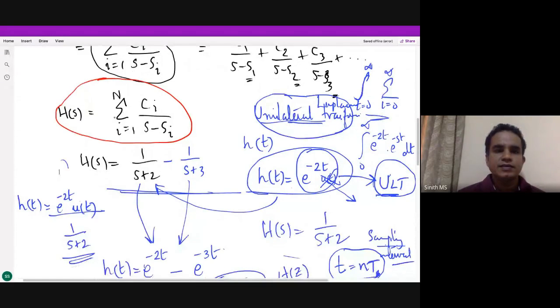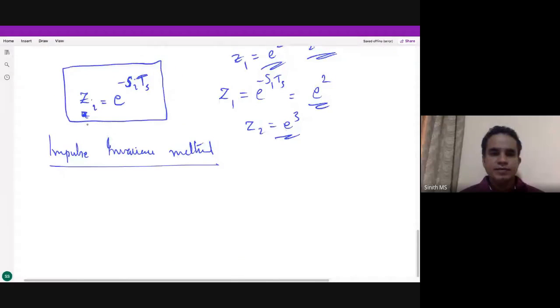Suppose here H(s) is sigma i equal to 1 to n of Ci by s minus si.